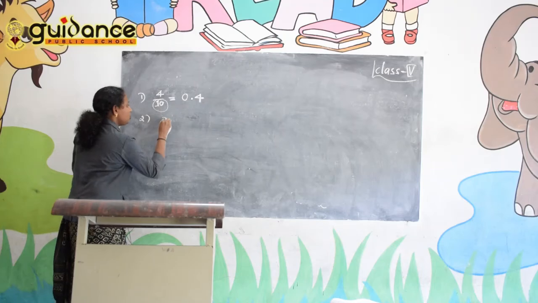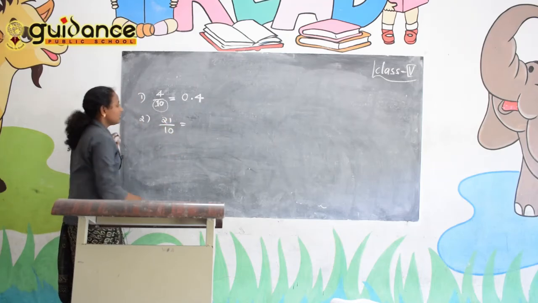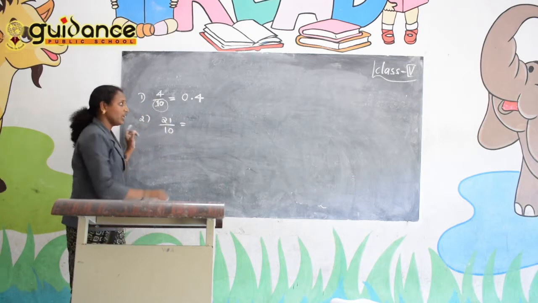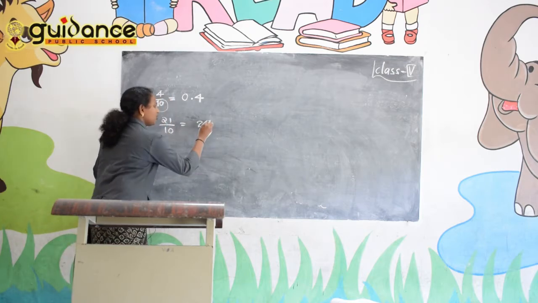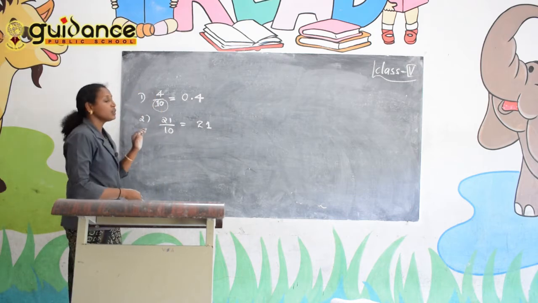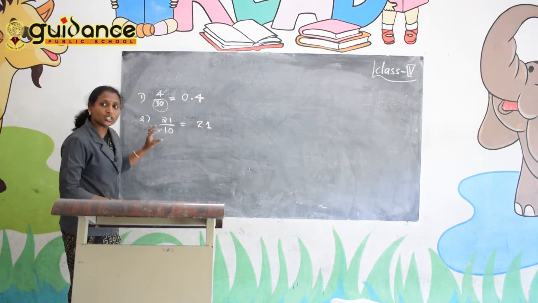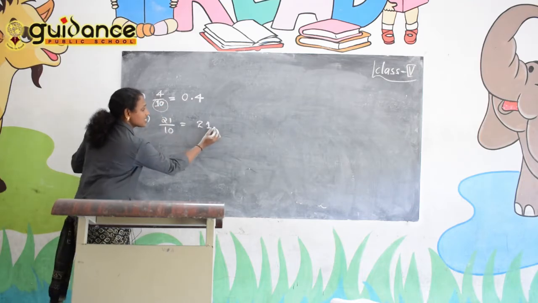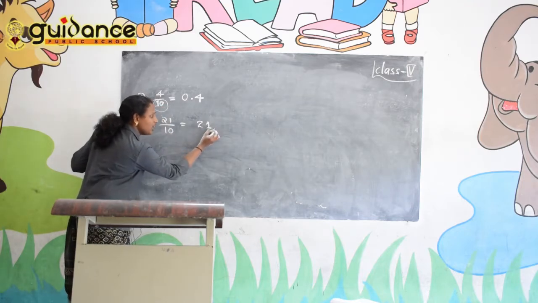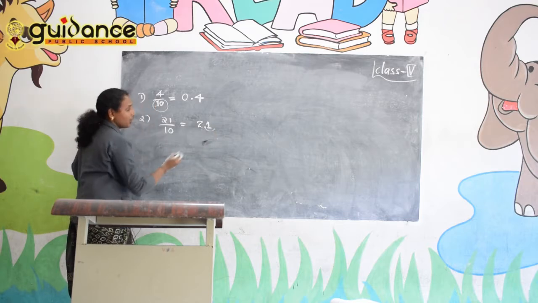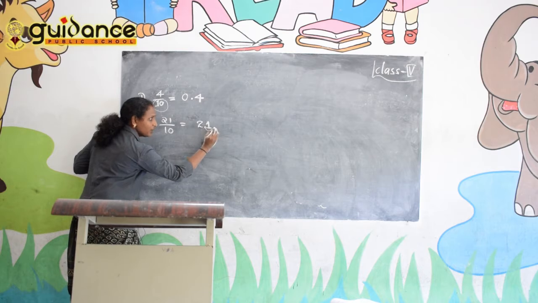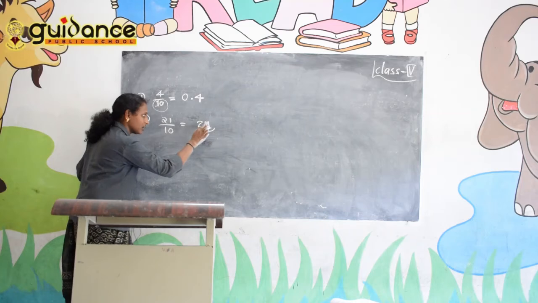The next, 21 by 10. In the same way, the denominator has only 1 zero. The numerator is 21. So first we have to write the numerator 21. Then we count that the denominator has only 1 zero. Then we start here and move after 1 digit.